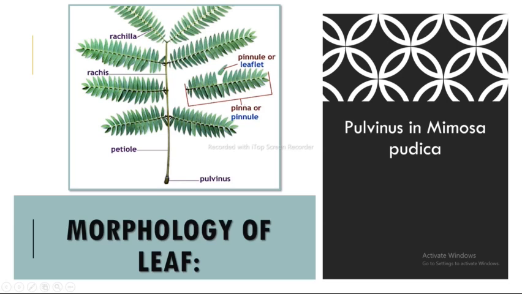This is the pinna or pinnule. Pinnule or leaflet you can see here, and this is petiole and this is pulvinus, the swollen portion of the leaf, which is known as pulvinus.